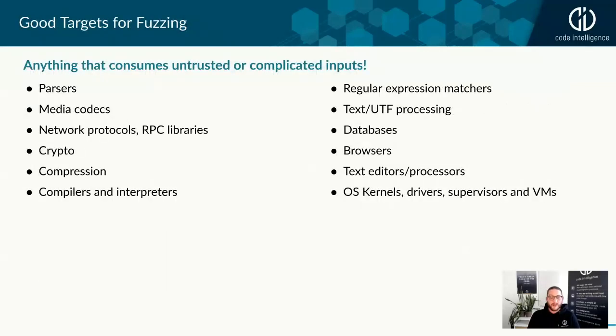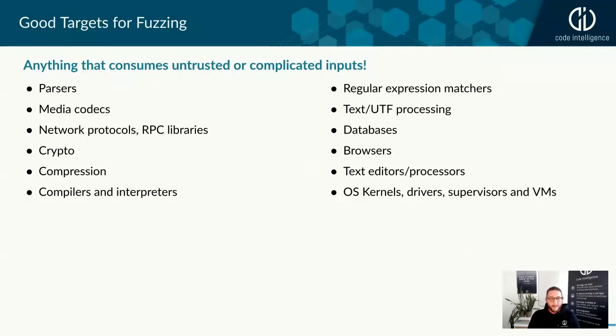And this leads to the next point, where you see what are usually good applications or libraries that are good targets for fuzzing. In general, everything that consumes untrusted data, or rather complicated data.